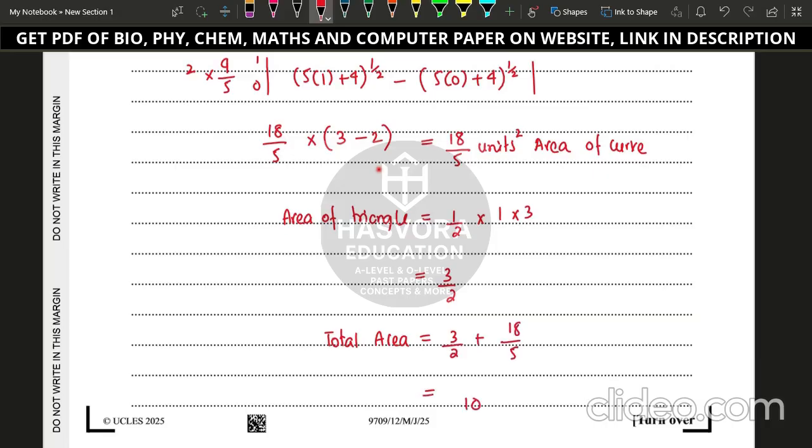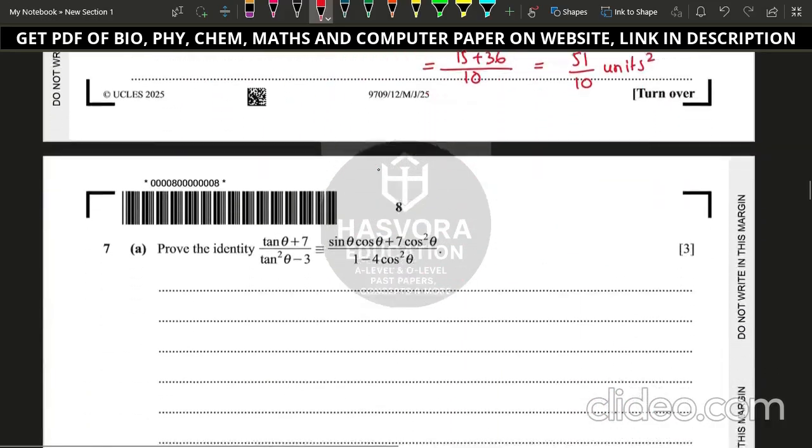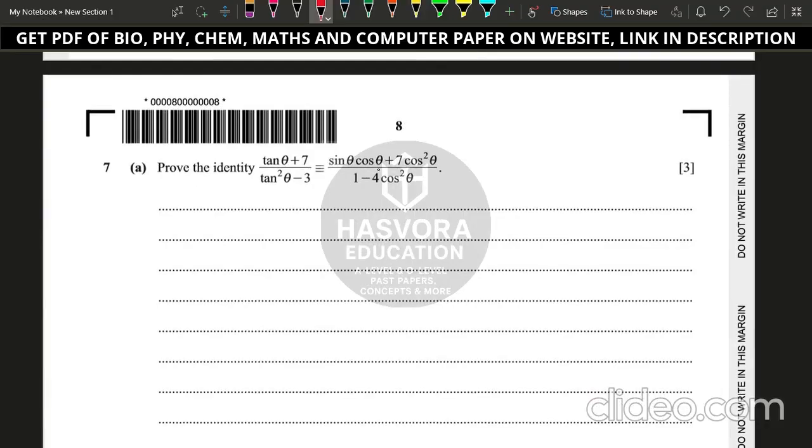It is going to become 10, and then we have 5 into 2 and 2 into 5, so it becomes 15, and plus 36, so 15 plus 36 is 51, over 10 units square. Because we do not know what is the unit, so this is going to be the total area for your shaded region. Hope you understand this question. These are typical types of questions.